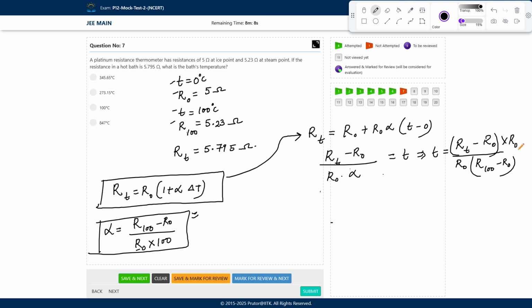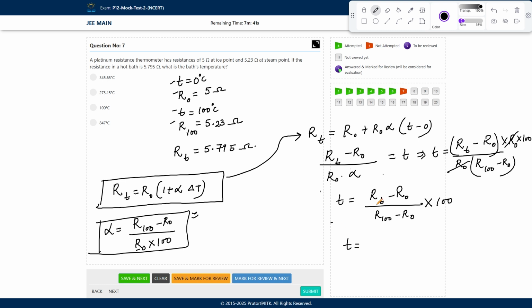R naught and R naught will cancel out. So T will become RT minus R naught upon R100 minus R naught, into 100.